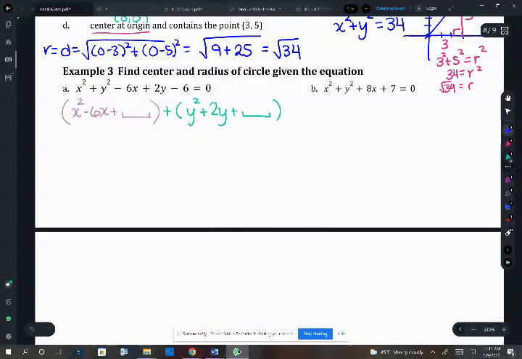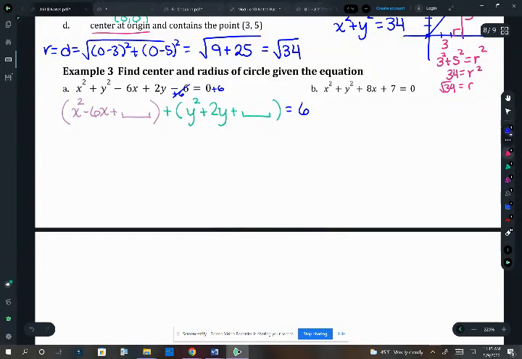And then we're going to have it equal to our constant. We're going to add this 6 over to the other side so that we can get our constant over here. Basically all I did was reorder things and move my constant over to the right-hand side. And now we're going to complete the square like we've done before.